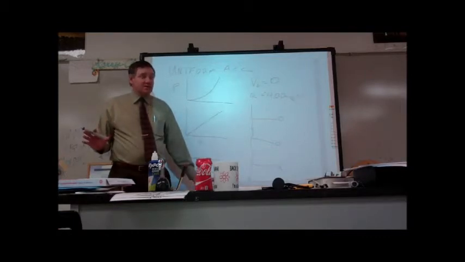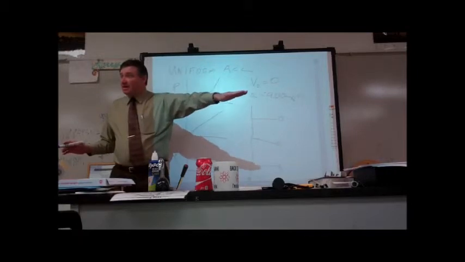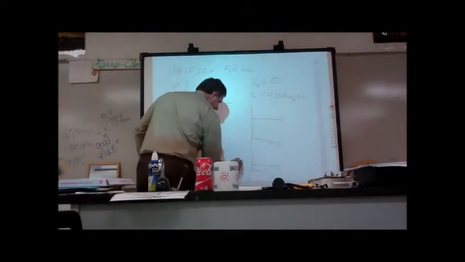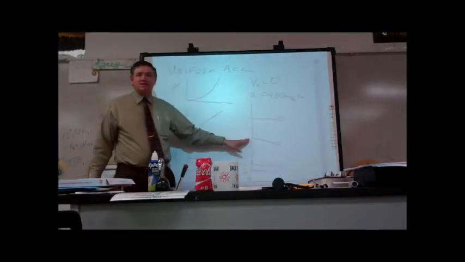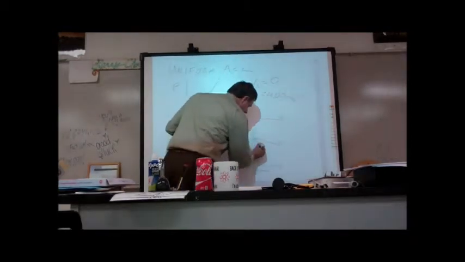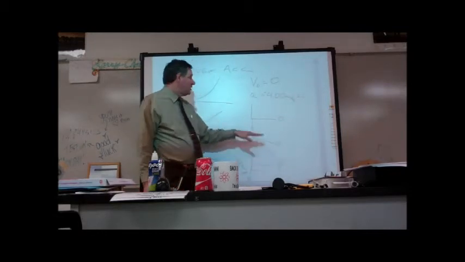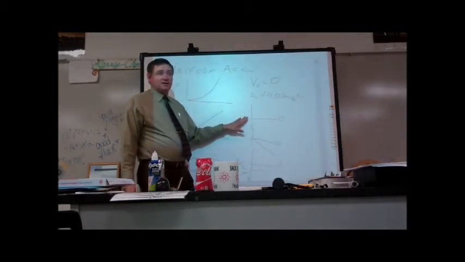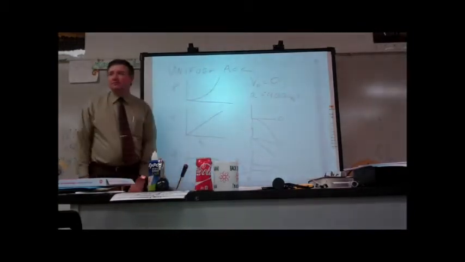It's still going to be a horizontal line, but it would be down at negative 4 meters per second squared. What would my velocity time graph look like? Instead of sloping up, it's going to slope down, with a slope of negative 4 meters per second squared. What's my position time graph going to look like? It's just going to get flipped over, and it's going to go like that.